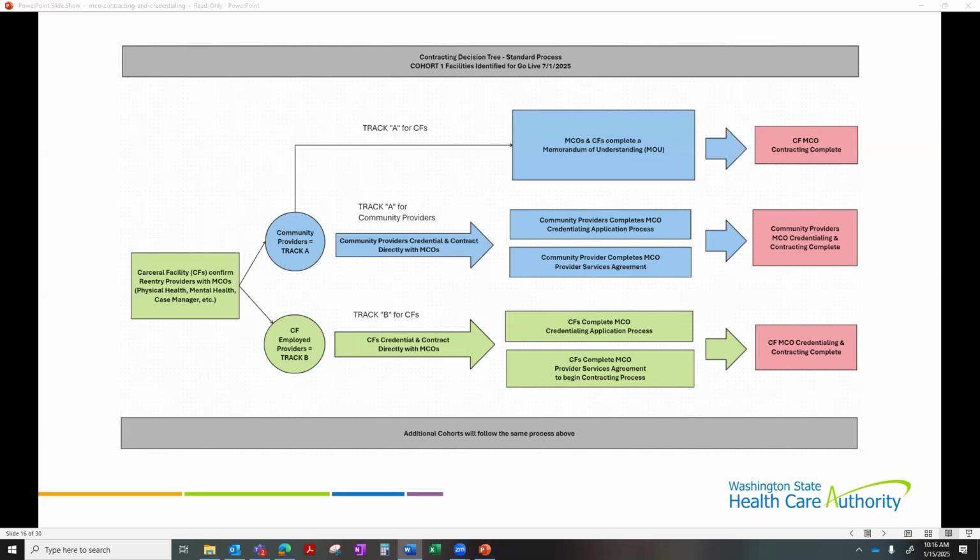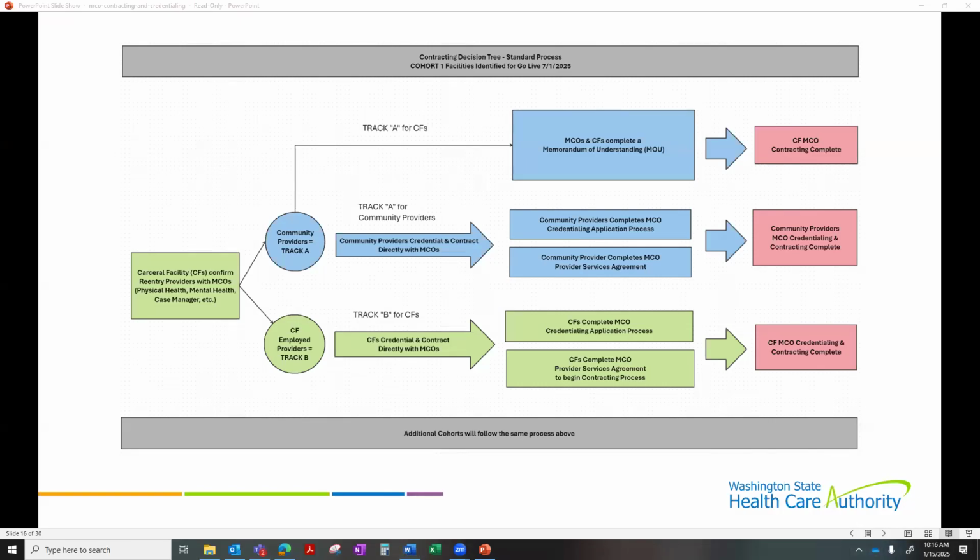The second part of track A, which is right down the middle of the slide, applies to community providers who will credential and contract directly with the MCO. For these providers, the process includes completing the MCO credentialing application and signing a provider services agreement, or the PSA.